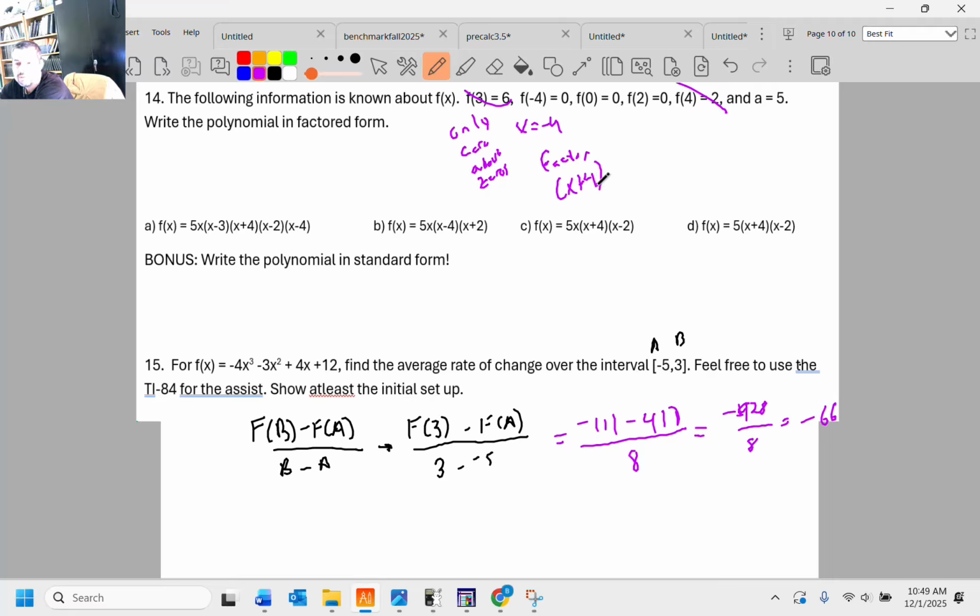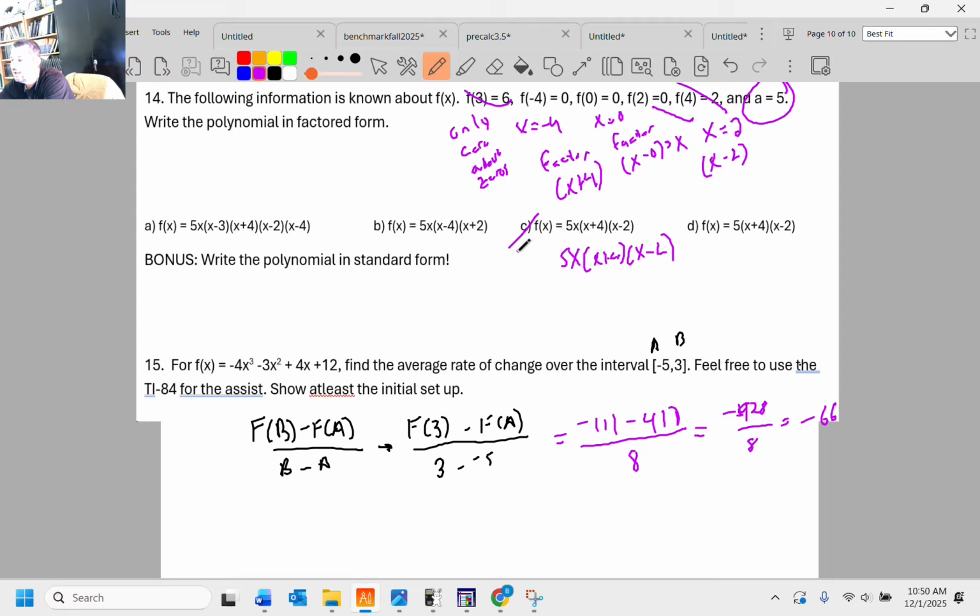I have talked about that repetitively with you. This says x is 0. The factor is x minus 0, which is just x. This guy says x is 2. The factor is x minus 2. Now, what I have is I have an x. I have a leading term of 5, so 5x, x plus 4, x minus 2.